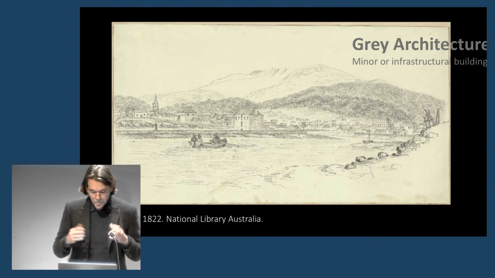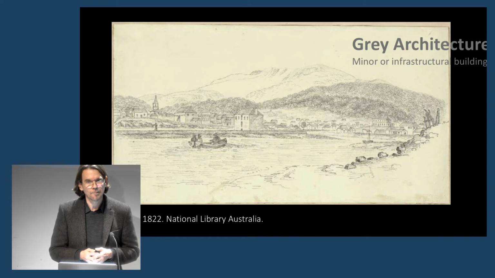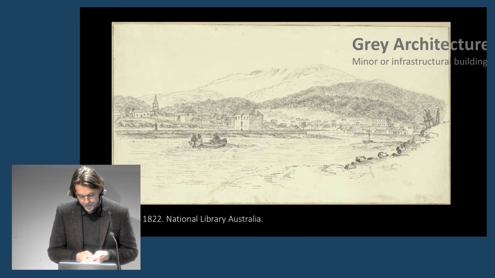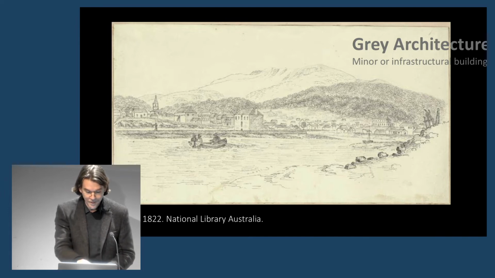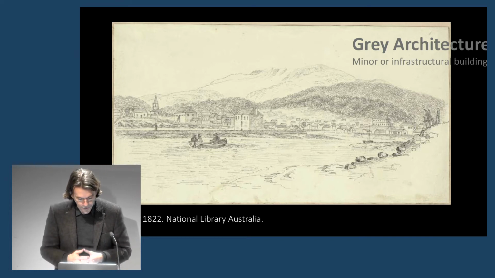Those latter, minor and sometimes ephemeral buildings have been described by the architectural historian Alex Bremner as a grey architecture, alluding in part to its minor or anonymous character, but also to its infrastructural nature and the way in which it connects spaces and structures essential to the colonial experience, including the architecture through which that experience is habitually tracked in history. So we're talking about all these storehouses and all sorts of minor, often industrial buildings.